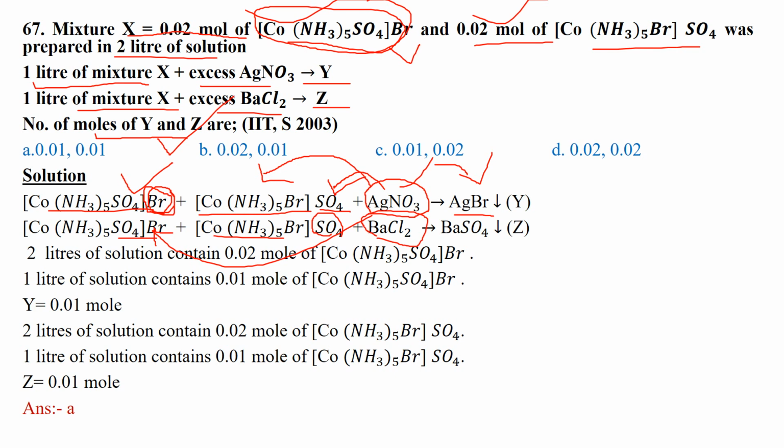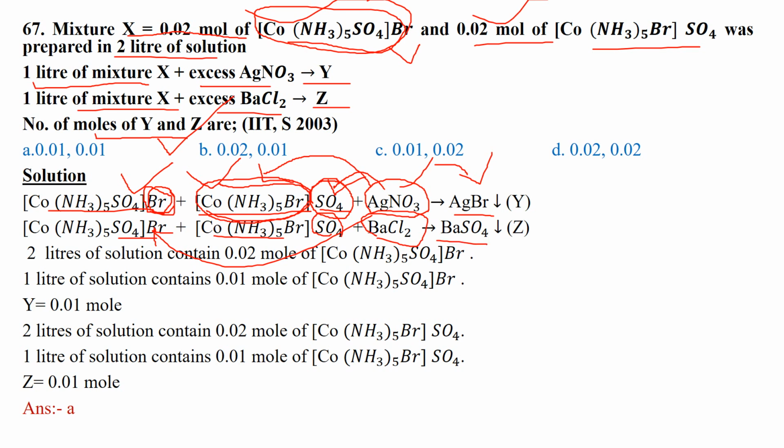Only the ion which is present outside the larger bracket reacts. The ions present inside the larger bracket are unionizable in the case of a complex, right? Only the ions which are present outside the larger bracket are known as ionizable. They are ionized. So in the case of barium chloride, only barium sulfate is precipitated.